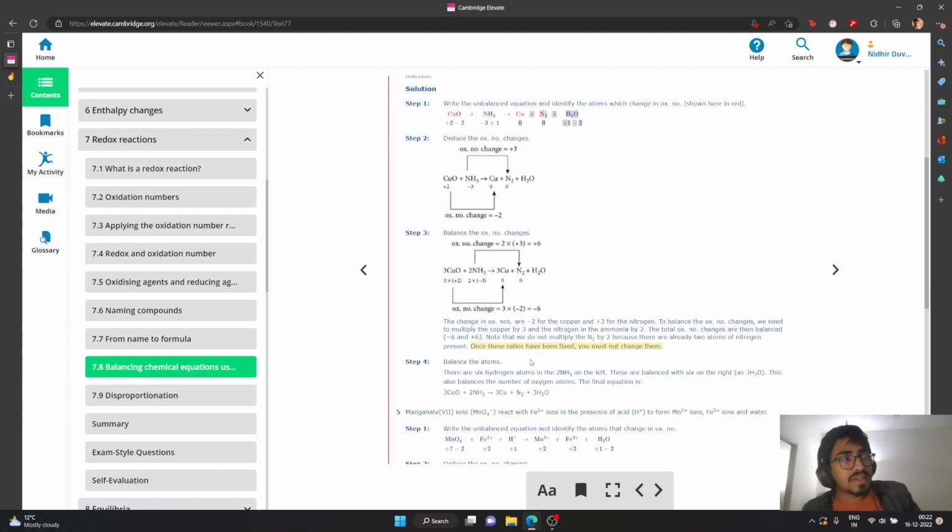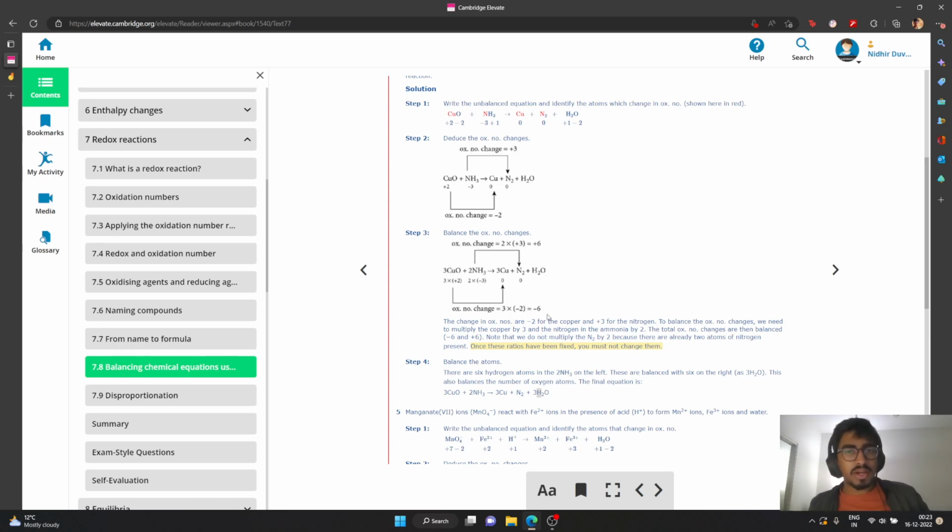Now the second thing that you try to do is balance charges, but charges you don't have to balance here. We'll come to that later. So now the next thing that you do is just balance everything else that is not balanced. Like H2 here is still not balanced. So you just look at how many hydrogens are there: 6, and here you have only 2. So now you can add 3 times this, and then this will complete your reaction.